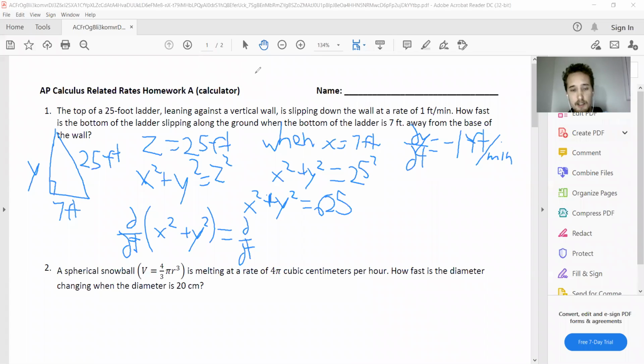I'm going to invest in a better stylus. This is the one I had at home. Okay, so that becomes 2x, right? Because the derivative of x squared is 2x.